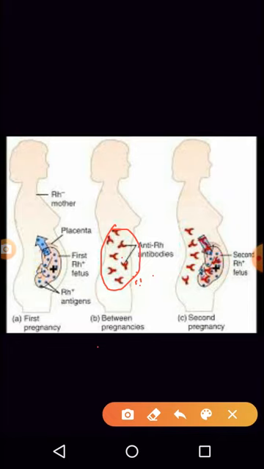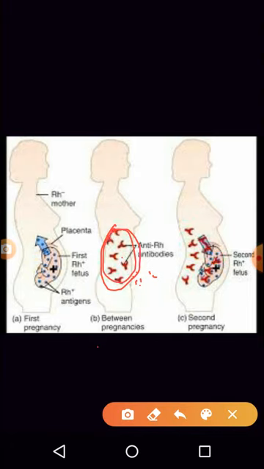As we studied in the last class, it attacks the RBCs maybe through complement, or through ADCC, or through phagocytosis. Any of these can happen, and the RBC would lyse. But here the D antigens are not there now, but the antibodies are ready.